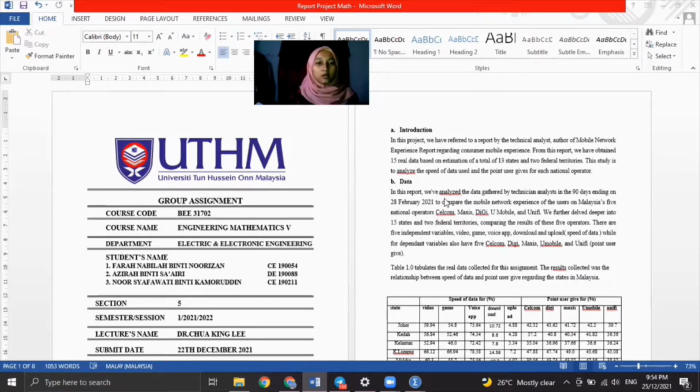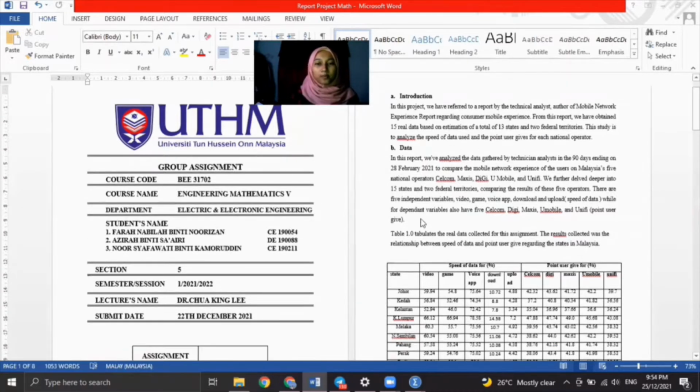So the study is to analyze the speed of data use and the point user give for each national operator. For the part B data, we analyze the data gathered by the technician analysis in 19 days to compare the mobile network experience of Malaysian users of 5 national operators: Celcom, Maxis, DG, U-Mobile, and also Unify.